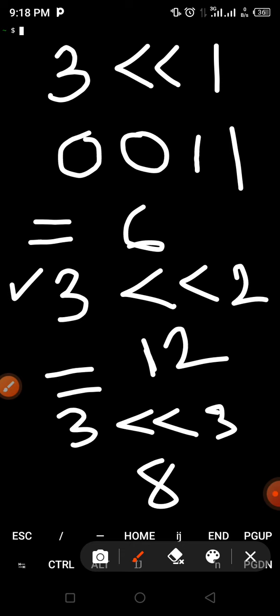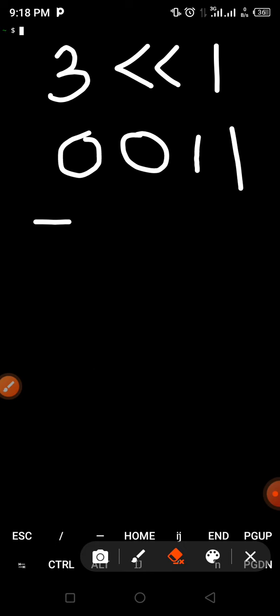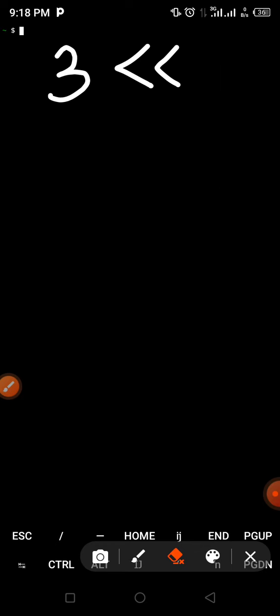So that is the concept of shift left. So let's talk about the shift right. The shift right is represented with this symbol, something like this. So it's going to be shifting right.